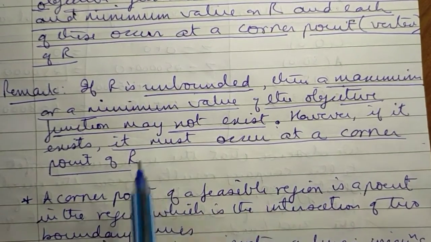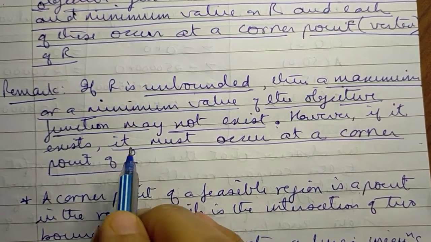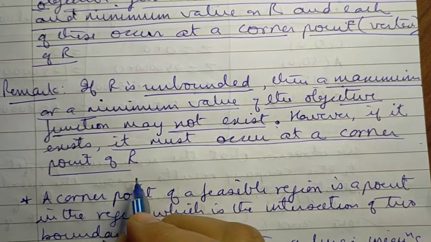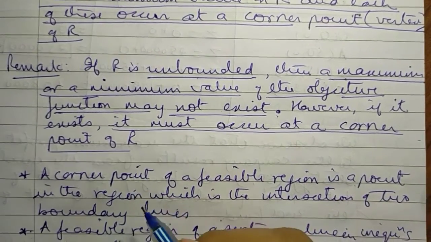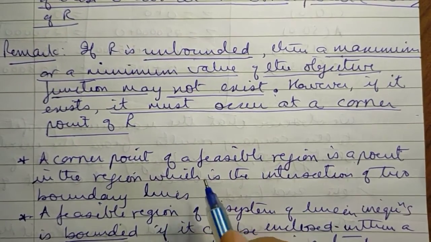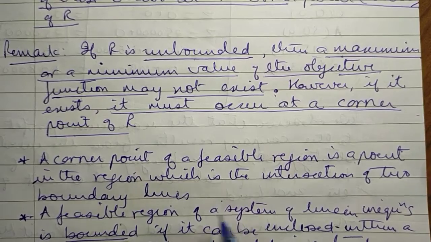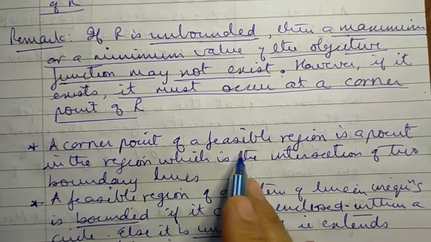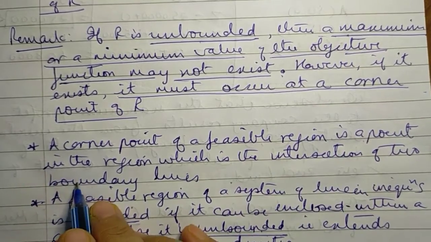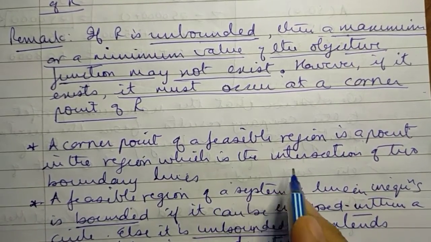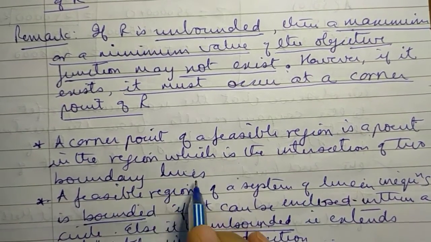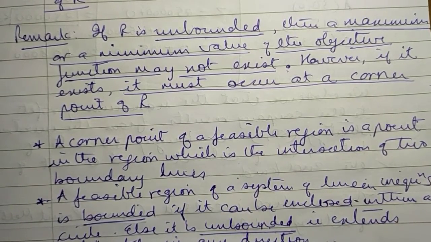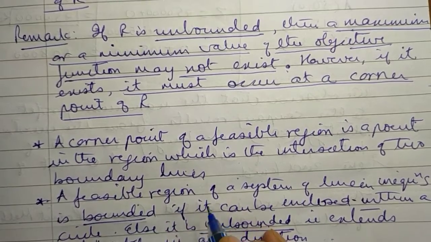Now you all may be wondering, I have used three new terms. One is the corner point, another is bounded region, and the third is unbounded region. A corner point of a feasible region is a point in the region which is the intersection of two boundary lines, meaning it's a vertex of the closed region.